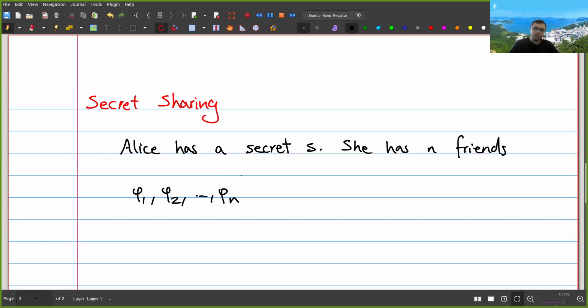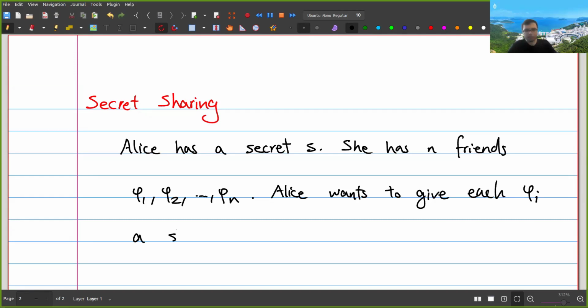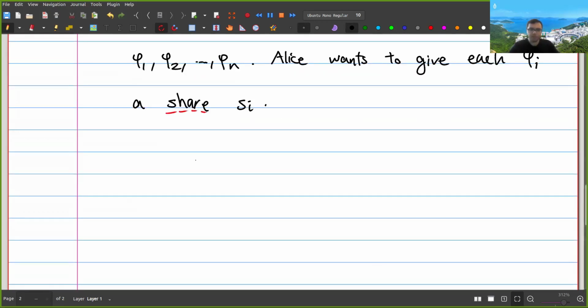Okay. So if I want to formalize this, I say that Alice wants to give each friend i a share Si. So Alice wants to send some number Si to each of her friends, and I'm going to call that Si the share of that friend. And I want to have two requirements.